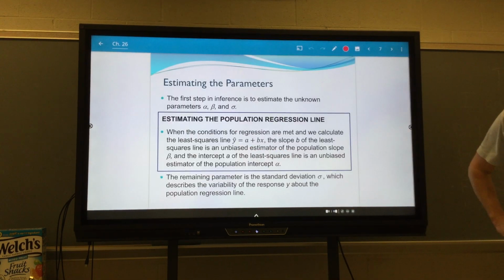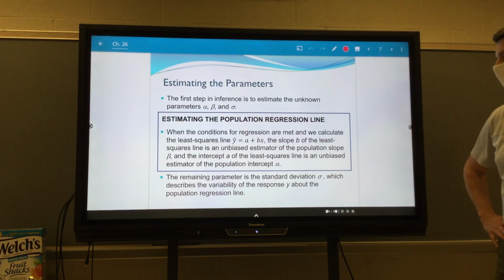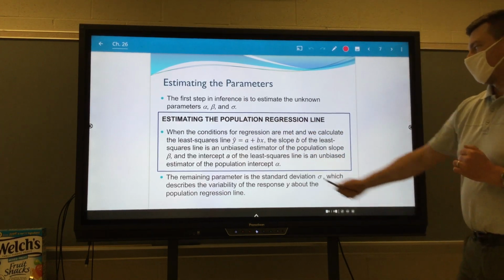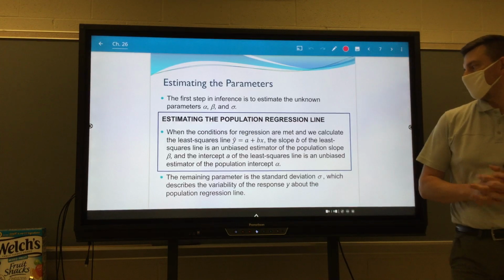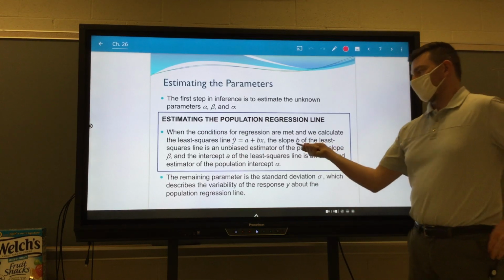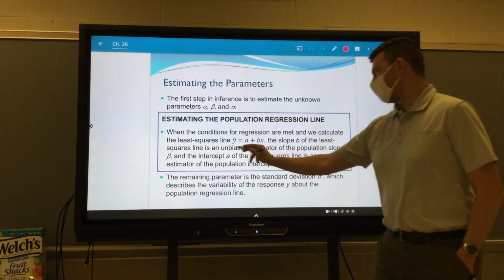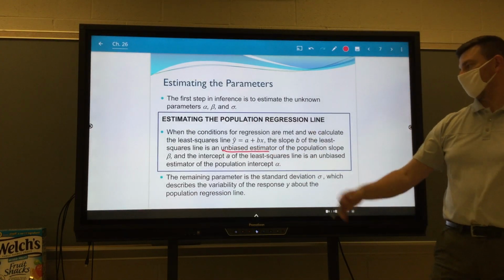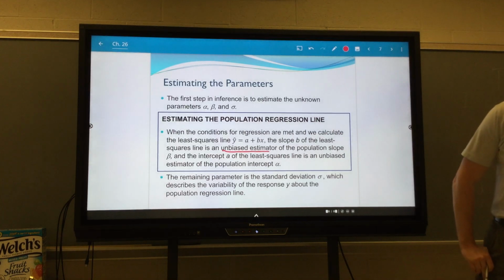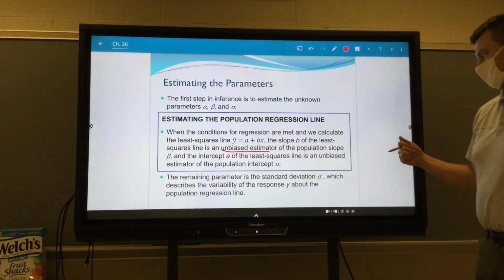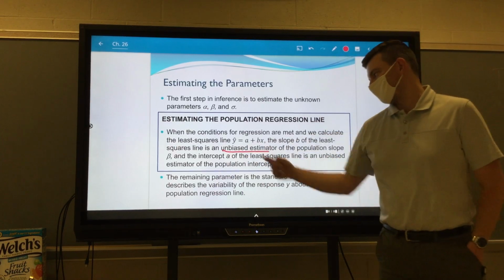Okay, so to estimate these population parameters, we don't know them. What we can do is use our regression model. We have y hat equals a plus bx. We're going to use that sample slope, b. It is called the unbiased estimator of the population slope beta. So we can substitute that in to take its place. Same thing with the intercept a.